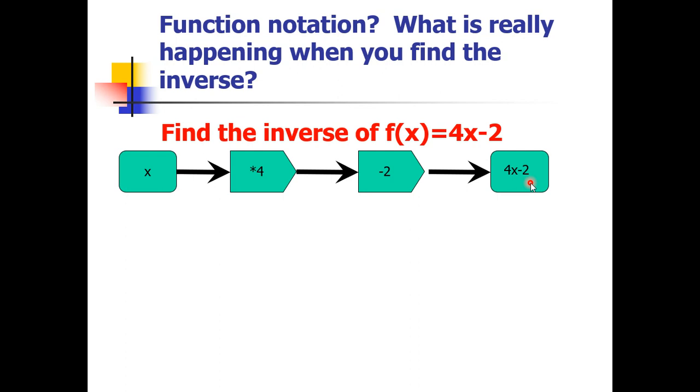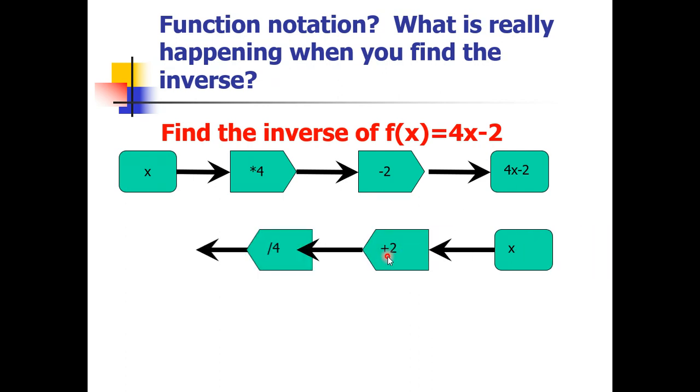Now, kapag hinanap natin yung inverse niyan, babalik-baliktarin lang natin. Okay, we have x. Laging una si input ha. So, meron tayong x. Okay, then positive 2 over 4. Sir, bakit naging positive 2? Transpose po natin si negative 2 sa kabila, kaya po nagkaroon ng positive 2.